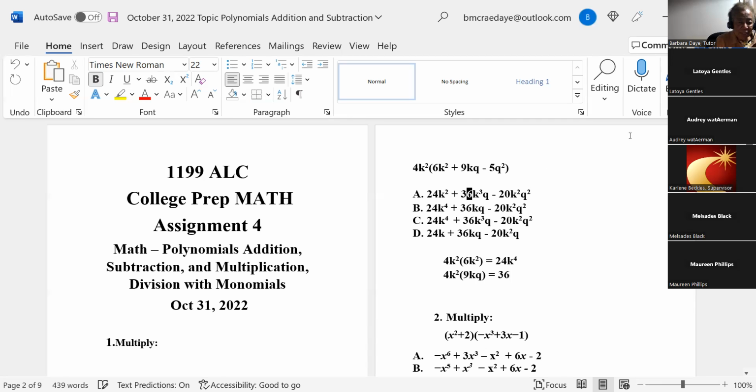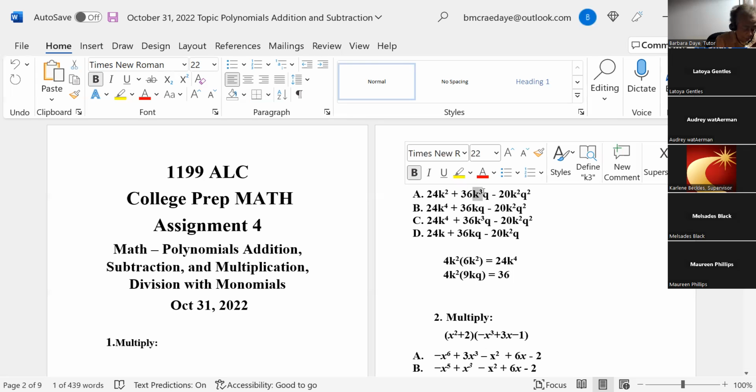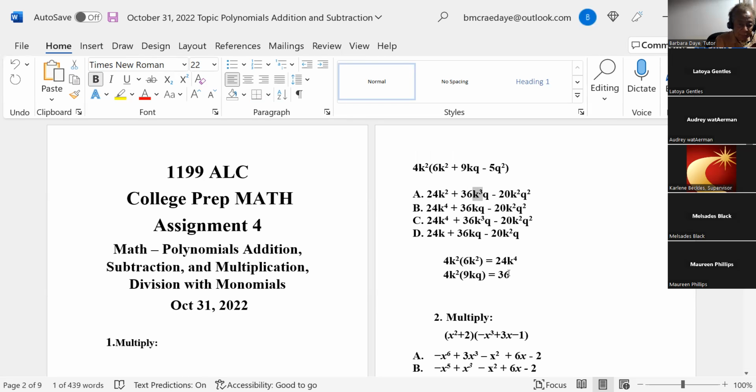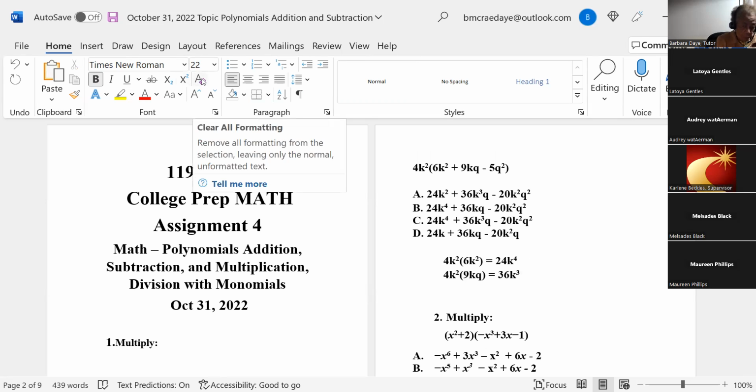So let's just grab this k to the third right here, and we got k to the third, so we'll put that there. Now we have a q, right? Because there's no q in the other one, so that would just be q. All right, so 4k to the second times 9kq is 36k to the third q. So you can see your answer, right?